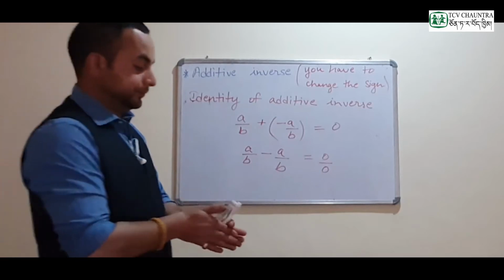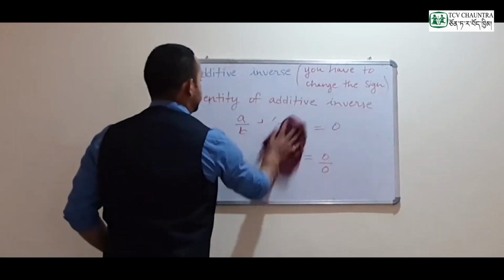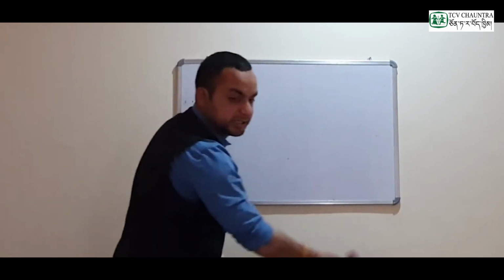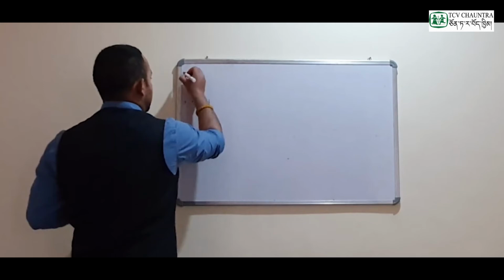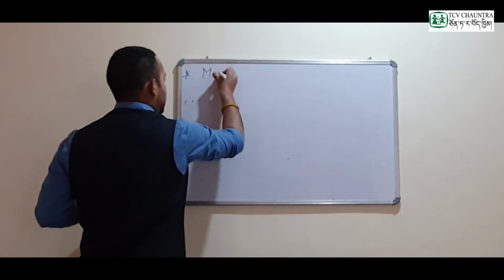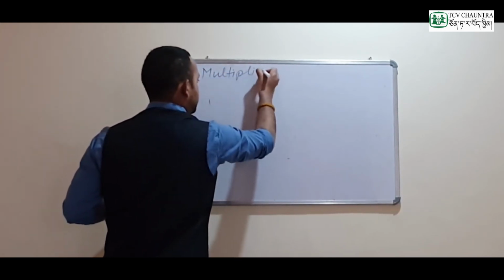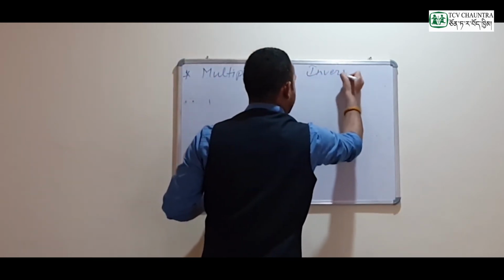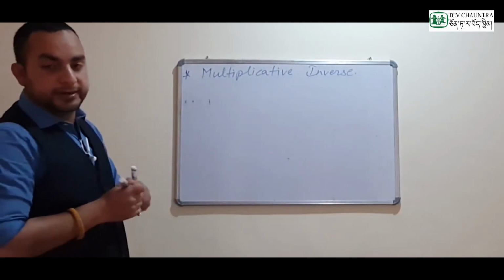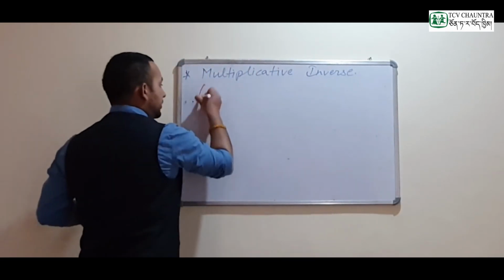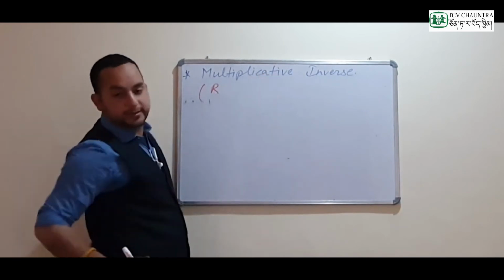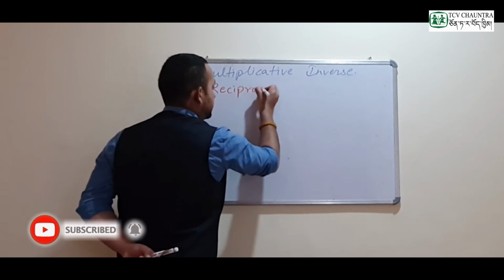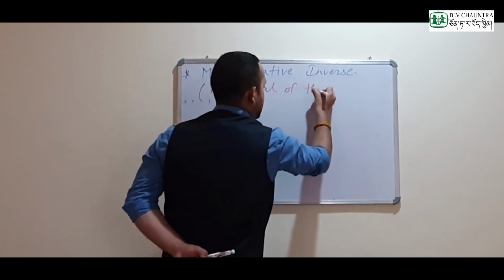Understood? Okay. Now our next topic is multiplicative inverse. The multiplicative inverse is the reciprocal of that rational number.